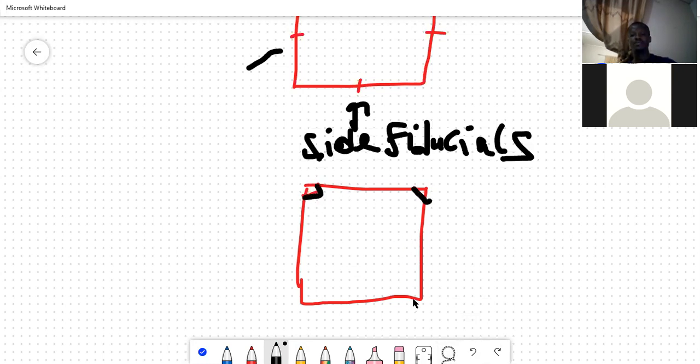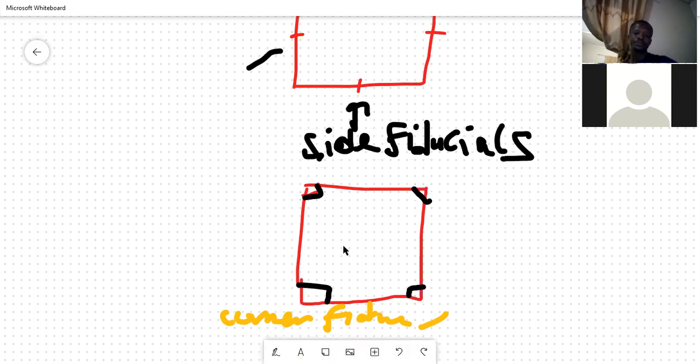If you have a way of marking the corners, then you have the corner fiducials. Okay. All right.